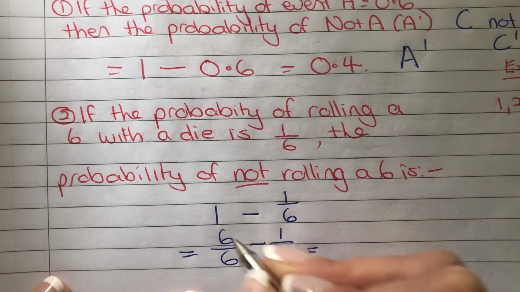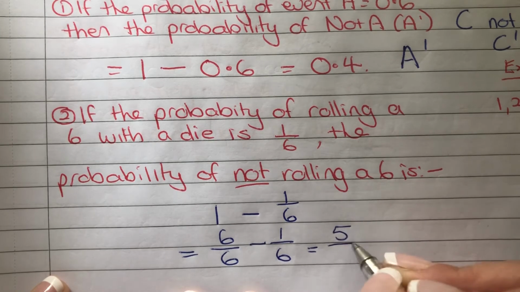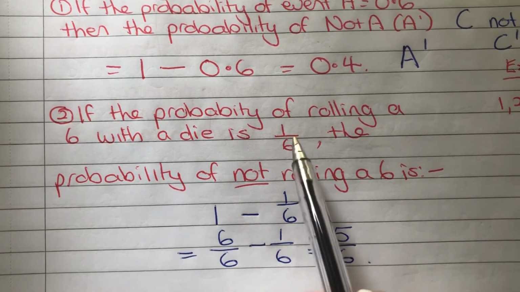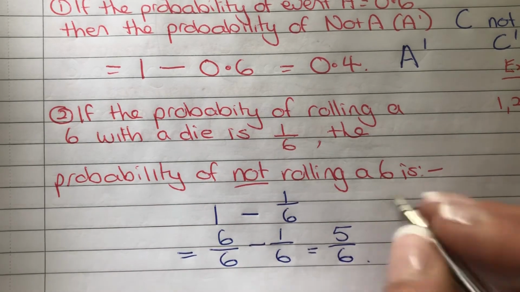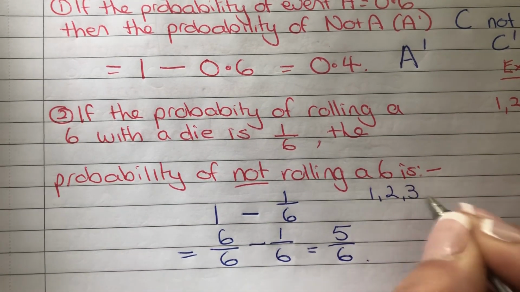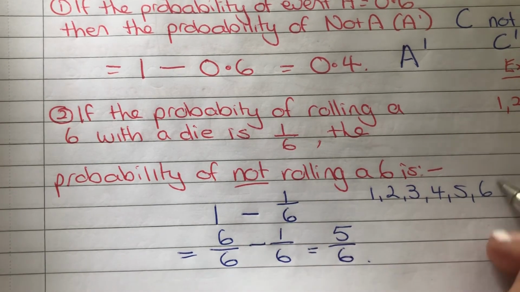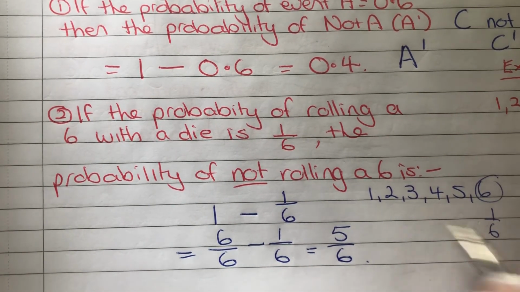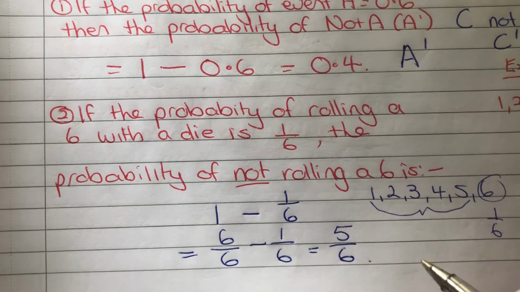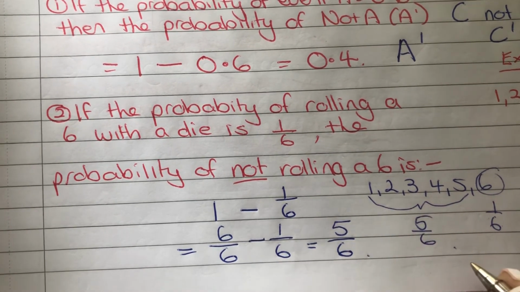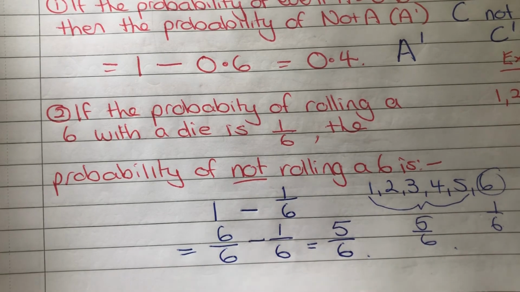So your answer is 6 minus 1 is 5 over 6. And in real life, you can work that out, because if throwing a 6, we know we have 1, 2, 3, 4, 5, 6. They're all the possible outcomes. Throwing a 6 is going to be 1 over 6. So not throwing a 6 is going to be all the ones that are left, which is 5 over 6. Or you can work it out the fraction way, of course.